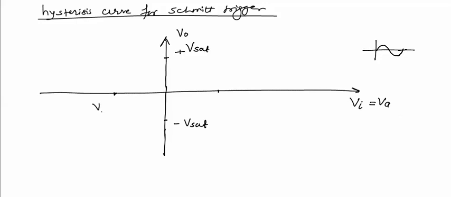Vb has two different values, VLTH and VUTH. Now we'll start the comparison, and we'll draw the graph for output.